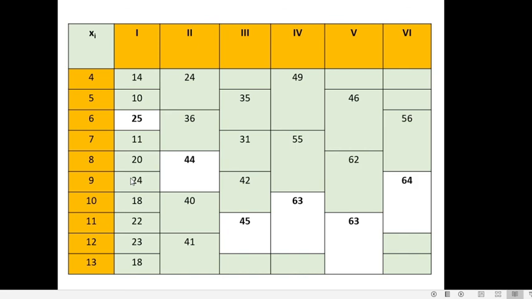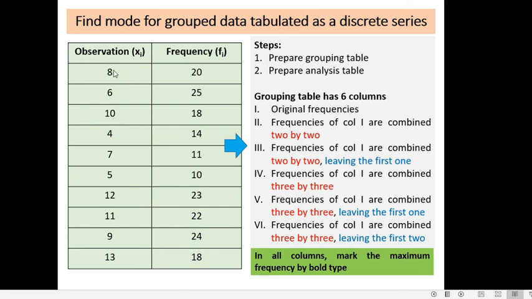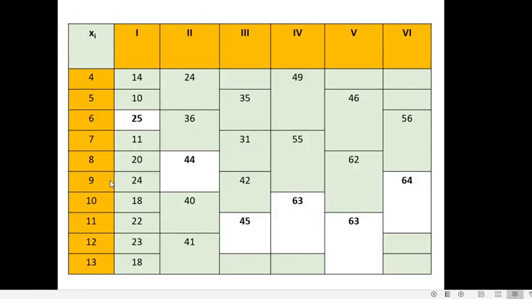So these are the observations as earlier shown, but I have arranged the values of the observations in ascending order, because earlier we had it dismantled, like 8, 6, 10, 4, 7, not in an order. But here you can see all the values of the observations have been arranged in ascending order, starting from 4 and ending in 13.